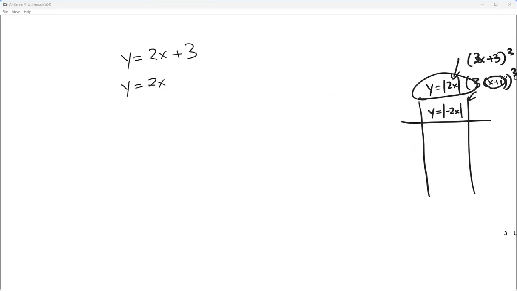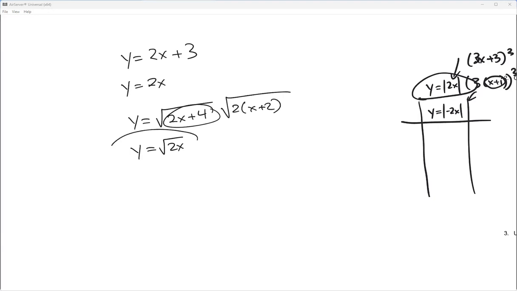If I have y equals the square root of 2x plus 4, I'm going to graph y equals radical 2x, and then what? I could factor this out. It'll be 2x plus 2.